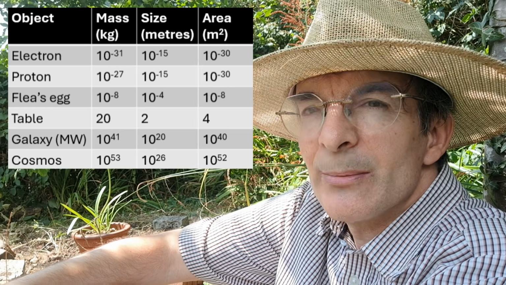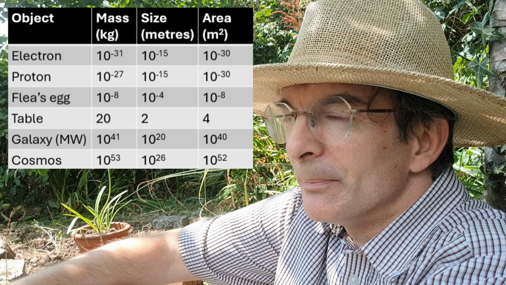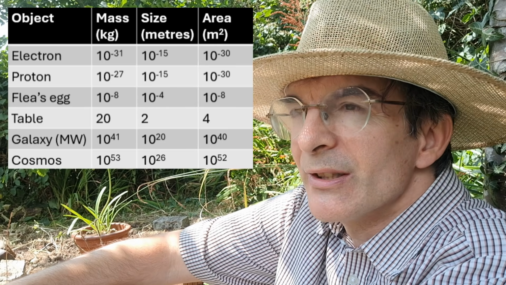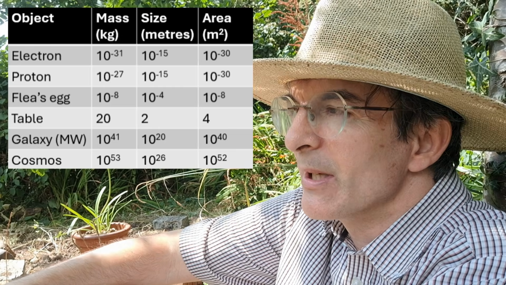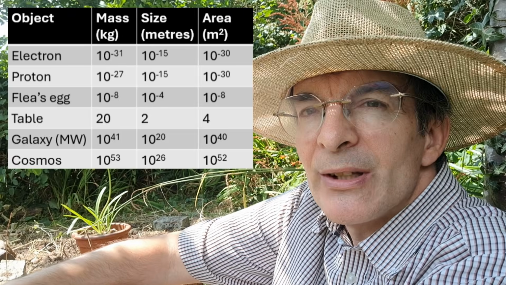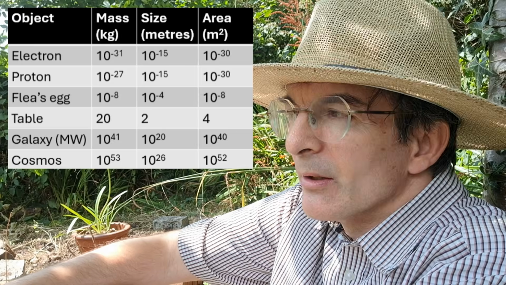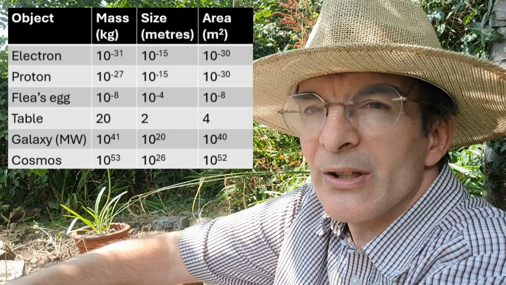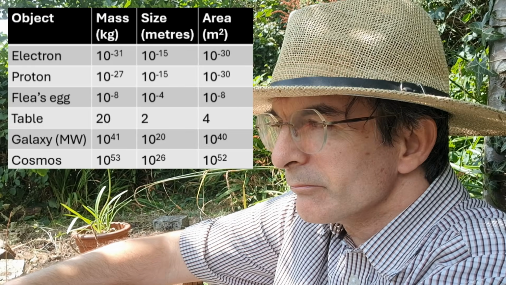The electron mass is actually 9.1 times 10 to the minus 31, but I'll just put the exponent there for simplicity. And its size, well, it's not quite clear what its size is, but it can be estimated to be about 10 to the minus 15, which means that its area is about 10 to the minus 30 meters squared.